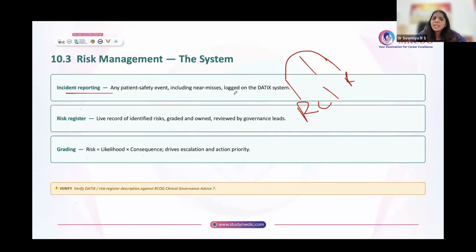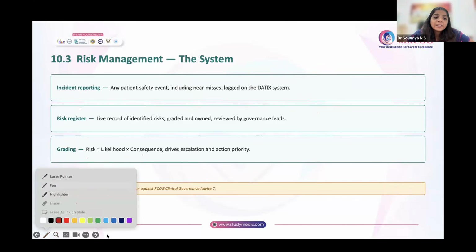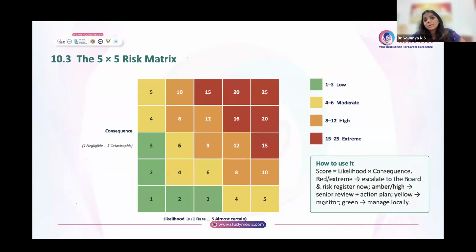Incident reporting, as I mentioned, is any patient safety event or near miss logged on to the DATEX system. DATEX reporting is what we call the incident which you reported. The risk register, of course, is where you register the risk. There is a register which is maintained where you put all sorts of risk, what happened to the patient. Grading of the risk is based on this matrix, whether it is severe or not.